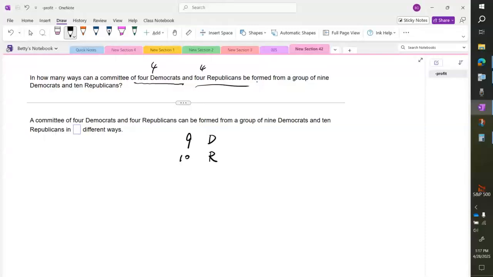Secondly, you need to select 4 Republicans from the 10 available Republicans. And then you multiply them together by the fundamental counting principle. So this problem uses both combination and the fundamental counting principle. The answer is the multiplication of C9 4 and C10 4.